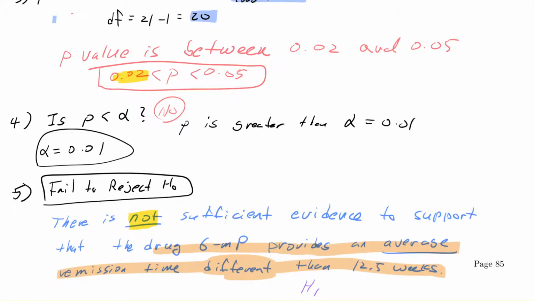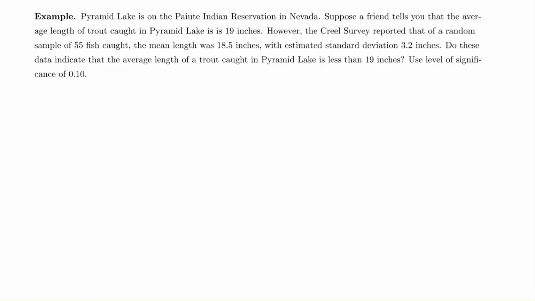So let's look at another example. Pyramid Lake in the Paiute Indian Reservation in Nevada. Suppose a friend tells you that the average length of trout caught in Pyramid Lake is 19 inches. However, the survey reported a random sample of 55 fish.